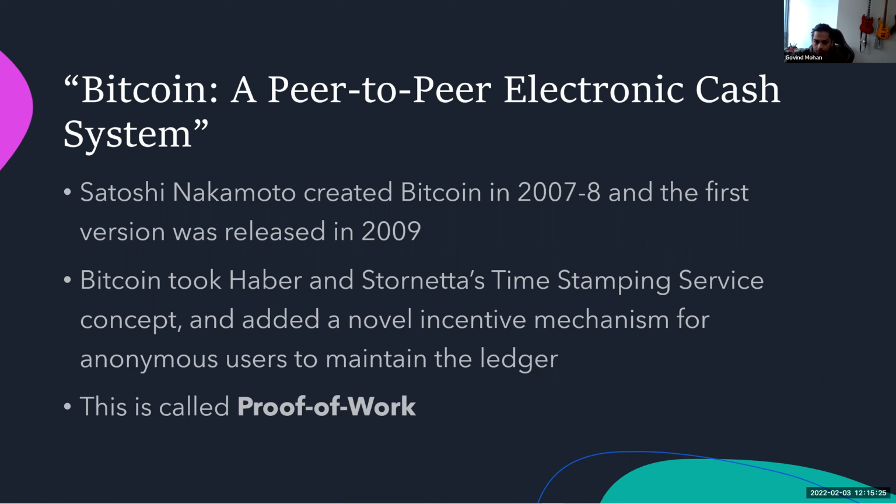And Satoshi realized, why not just make this entire thing completely decentralized and anonymous, and anyone can participate? But nobody's going to do anything for free. People are going to want some kind of incentive, some kind of revenue, or some kind of monetary compensation for maintaining the ledger of documents. So he invented this incentive mechanism. Again, I say he, I keep catching myself. It's called proof of work. Proof of work is what Satoshi created.